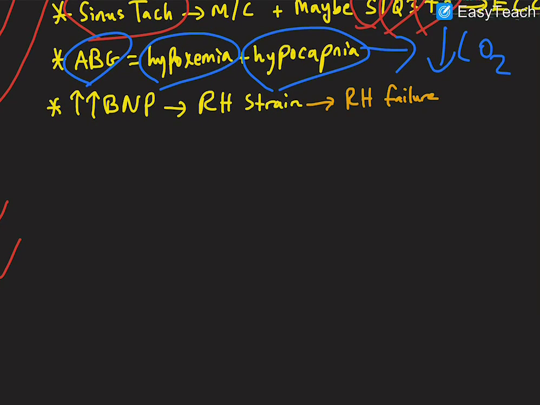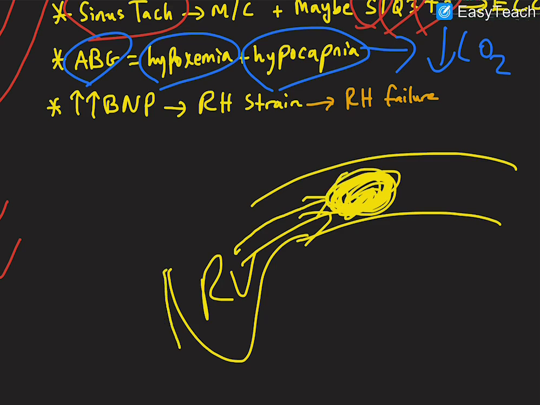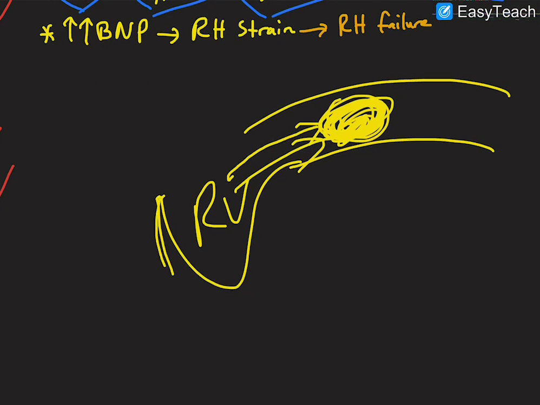So if you have a pulmonary embolism, for example, your right ventricle pumps blood into your pulmonary artery. And if you have a huge clot here, then of course your right ventricle is going to have a much harder time pumping blood against this clot. So you can have increased right ventricular strain.